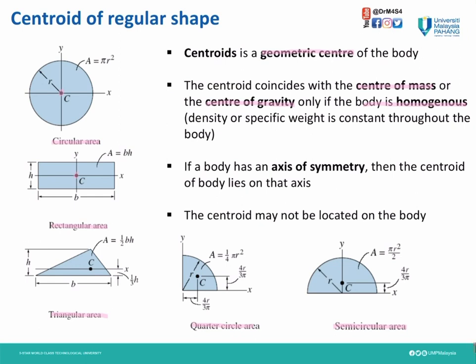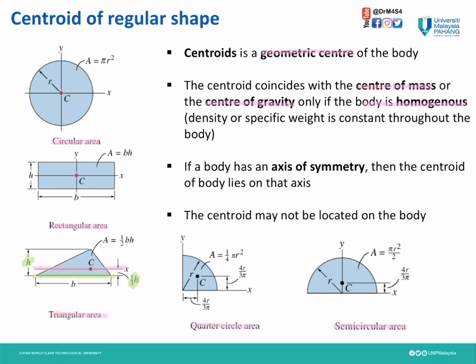However, for the triangle, measured from the base, the centroid line is at 1/3 of the H value, where H is the height of the triangle.